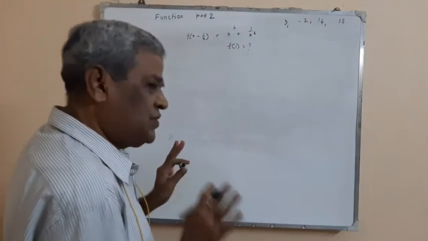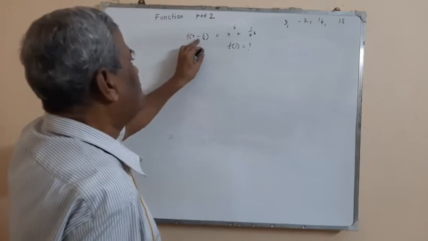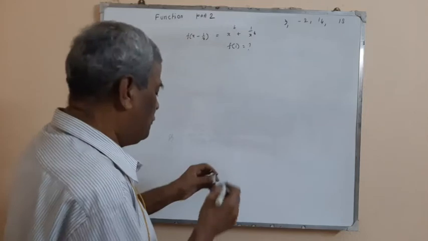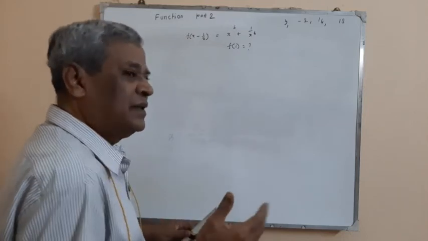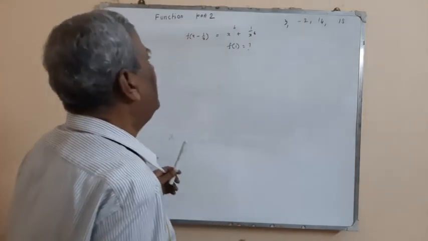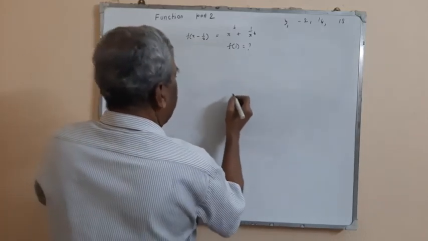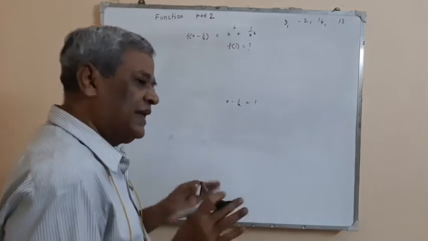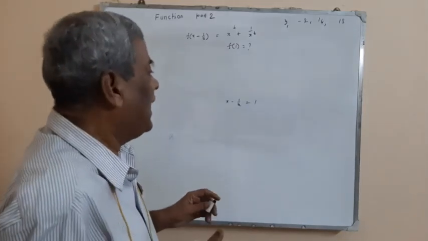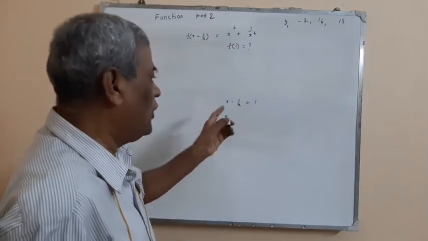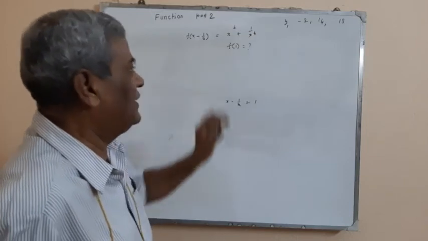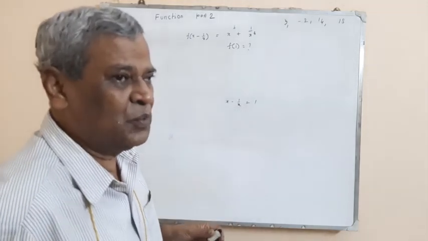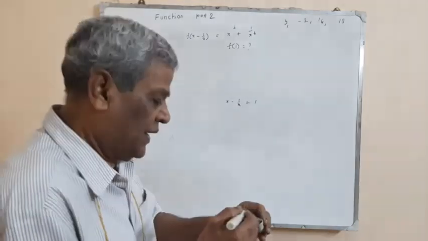If f of x minus 1 by x is equal to this given, from there we have to find f(1). There are two processes. If we take x minus 1 by x equal to 1, then solve for x and put it there, we can get the answer, but it will be clumsy, and the calculation will be tedious.